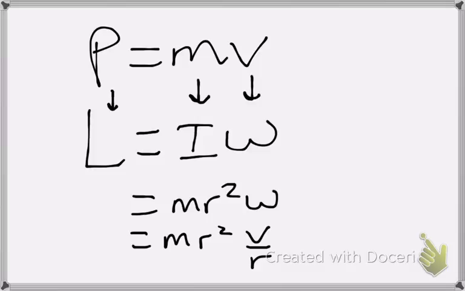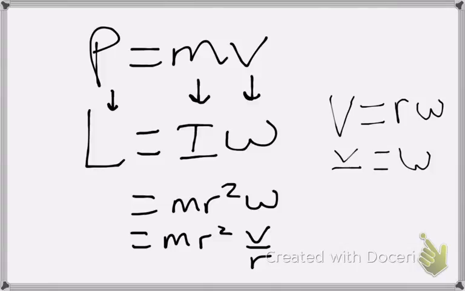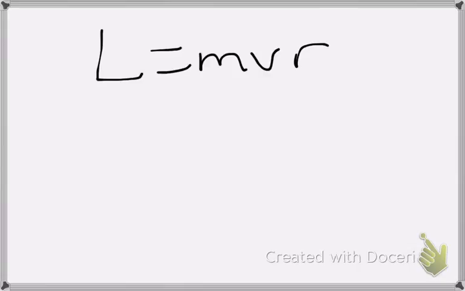And omega, or wombo, we can write that as v over r, because as we know, v equals r omega. If I solve that for omega, then it's v over r. So I'm going to make that substitution in, and as you notice, it's going to cancel out one of those radiuses. So let me rewrite it again over here, and it'll be mvr.